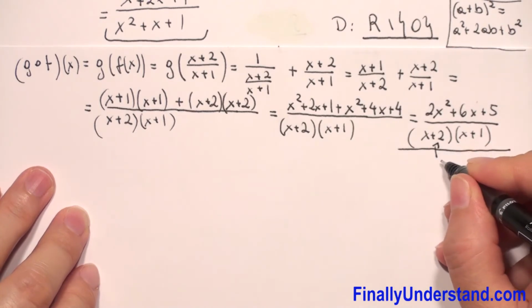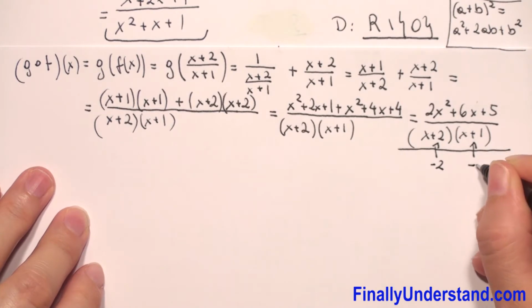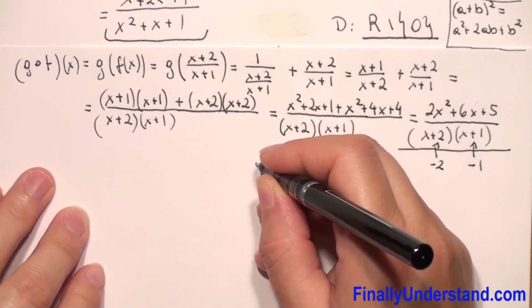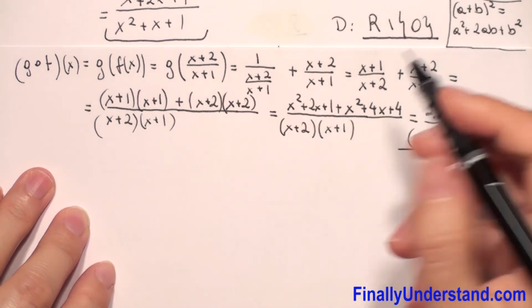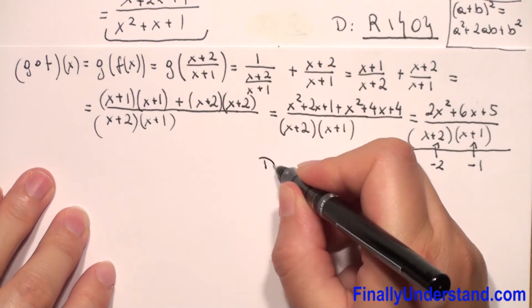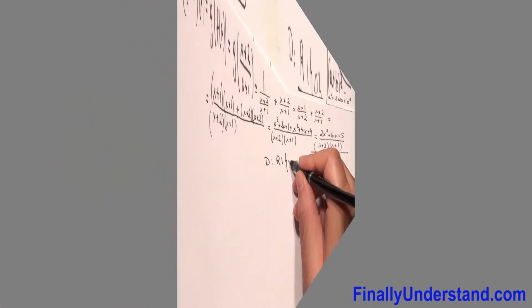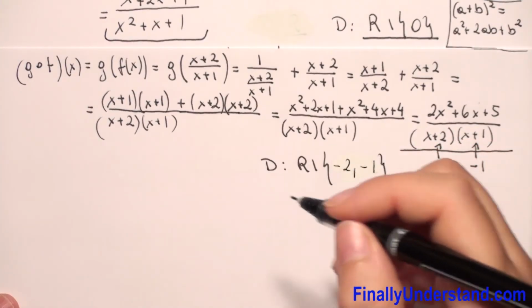From this parenthesis it will be for -2 and from this one for -1. So the domain, when we put together the domain of the f function and this expression, D will be all real numbers excluded -2 and -1. This is our domain.